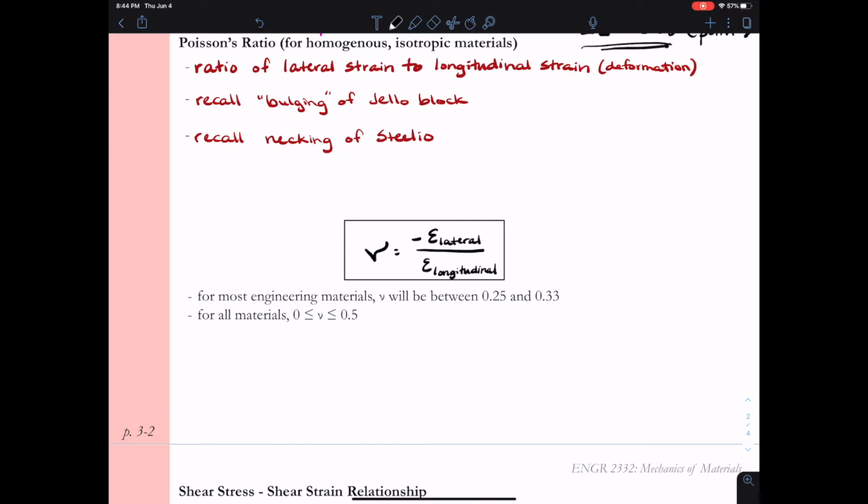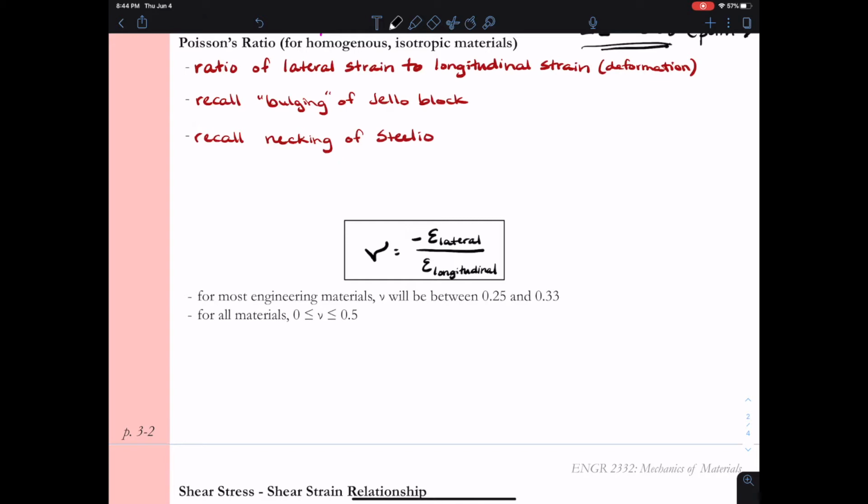And so we need that negative just so we can get one value for the ratio. Finally, we note that for all materials, Poisson's ratio needs to be between 0 and 0.5. Zero represents a material that is basically unmoving no matter how much force you put on it. It does not expand in the lateral direction, whereas 0.5 would be a material kind of close to Jello, where you have almost as much movement in the lateral direction as in the vertical direction.